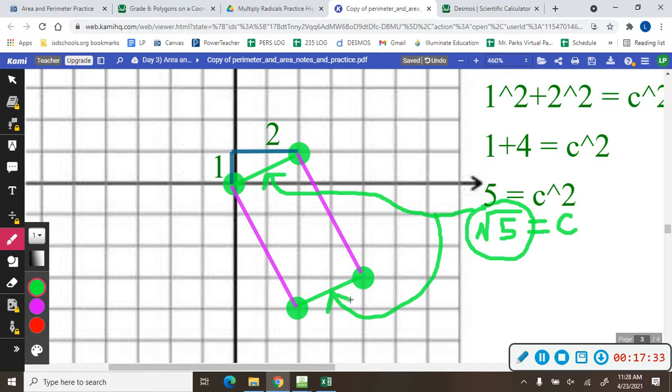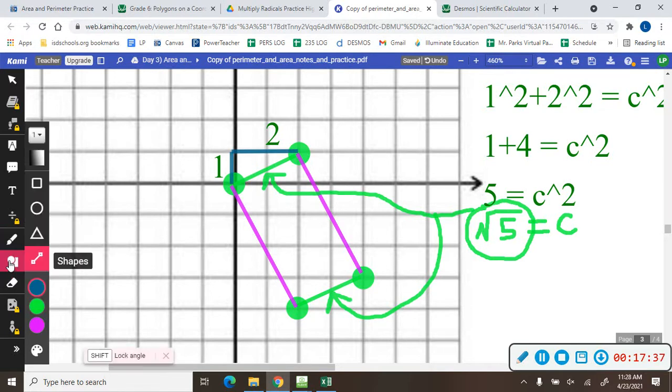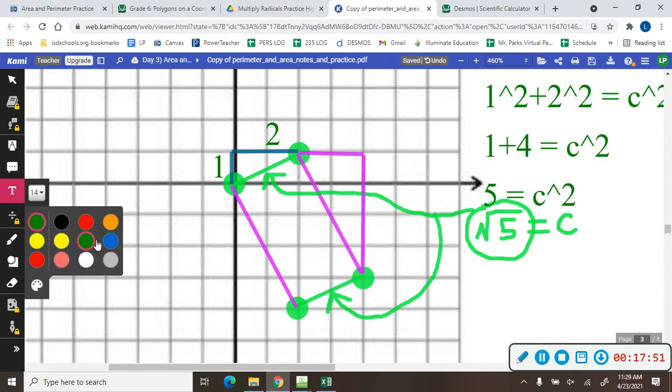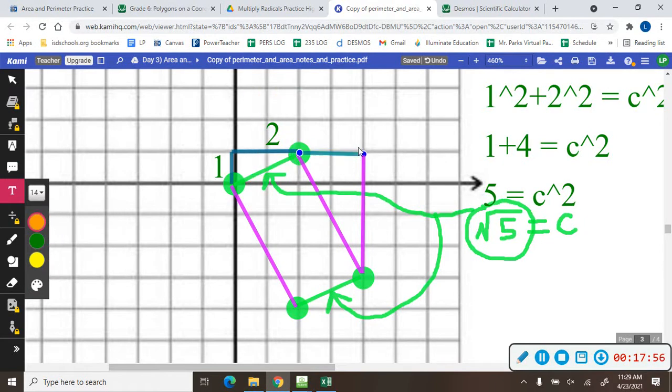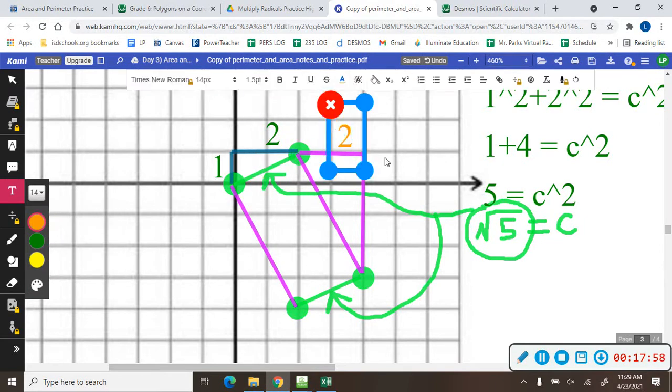Right. Now I need to find the length of the purple. So I'm going to make a new triangle from here to here, and then here to here. If I count this way, that's 2. If I count this way, that's 1, 2, 3, 4.